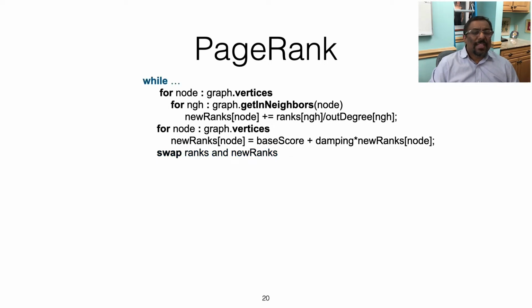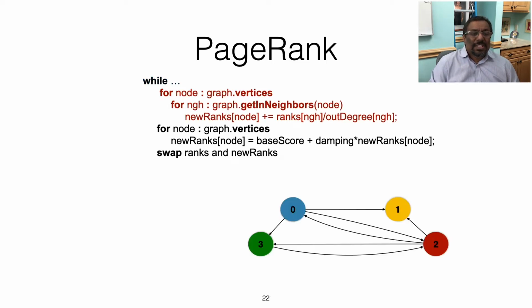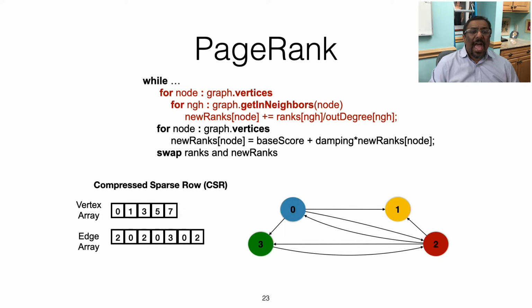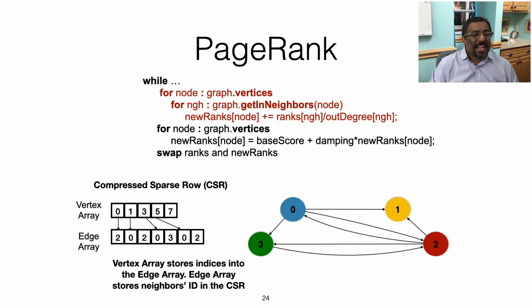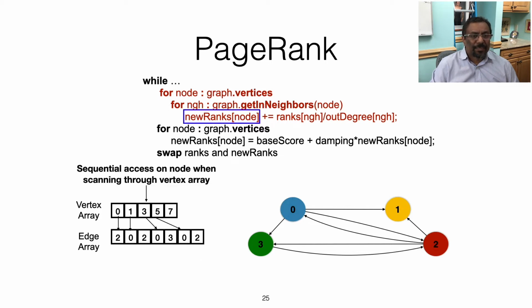So let's look at the memory characteristics of this program, especially this computation. To do it simply, I'm going to look at a graph of 4 vertices. And we are going to represent this graph using a CSR format. So you have a vertex array and an edge array. The vertex array points to the start of the edges for that vertex. And this is the representation in the CSR array.